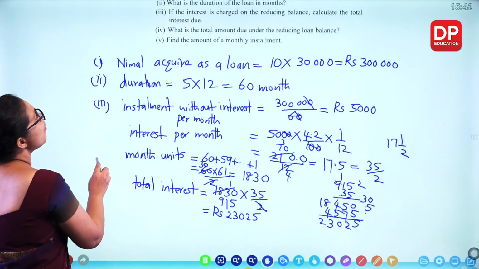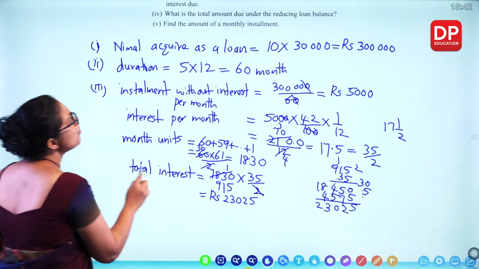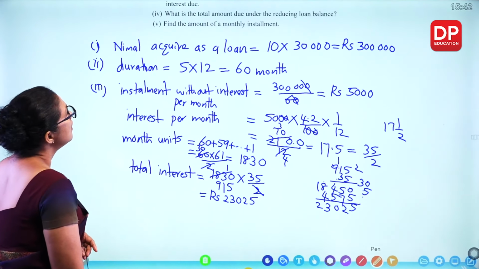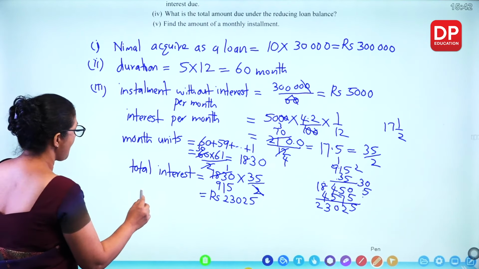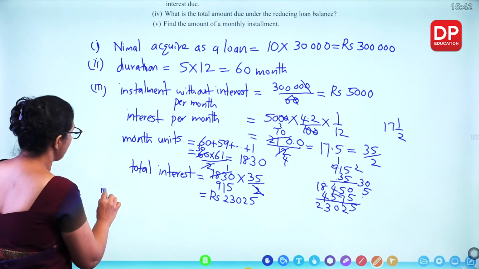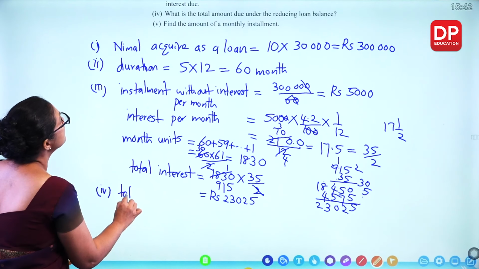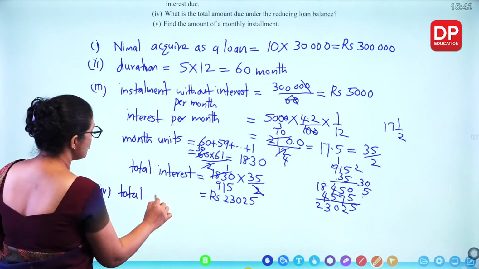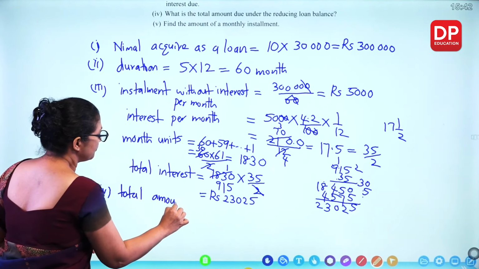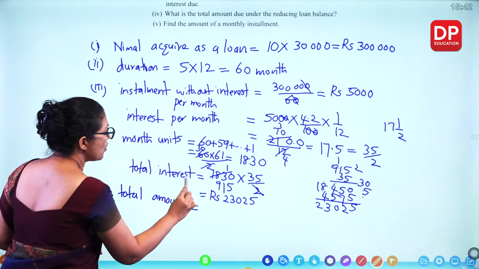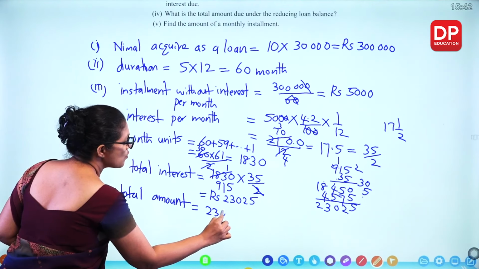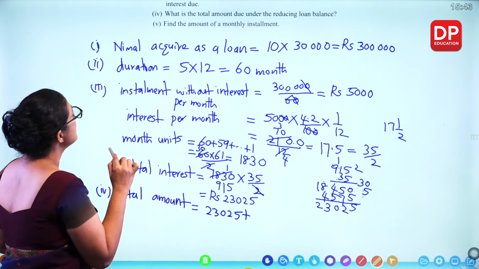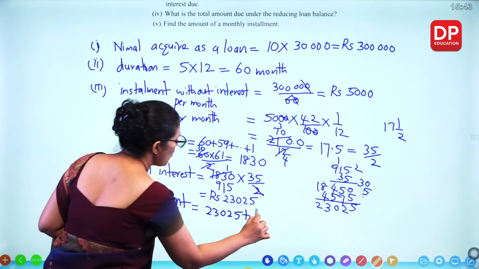Then what's the fourth part? What is the total amount due under the reducing loan balance? So what's the total amount due? The total interest is 23,025 rupees and the amount is 300,000.